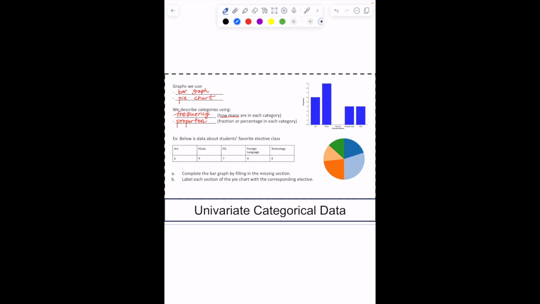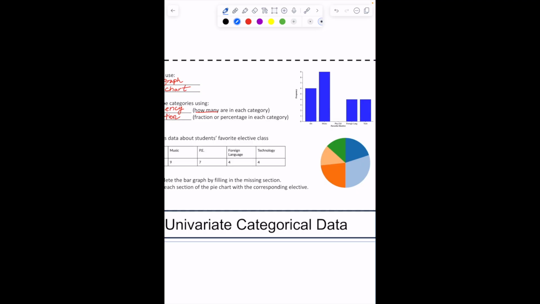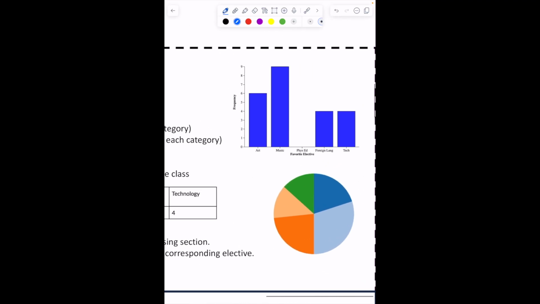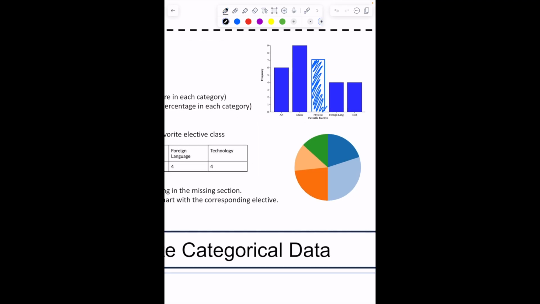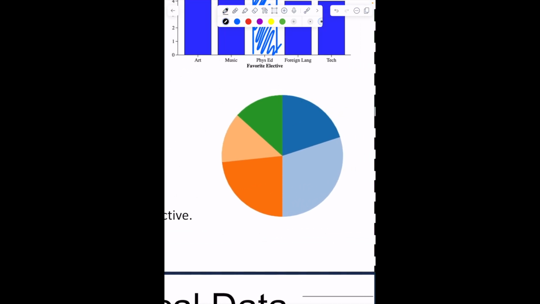Okay, we're back. So in terms of your bar graph, it should look something like this. There were 7 students that said PE, so we should raise our bar up to the 7. In terms of our pie chart, the biggest section here should be labeled as music.